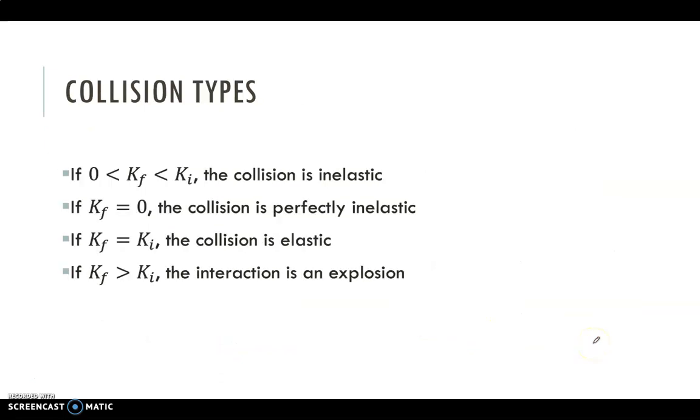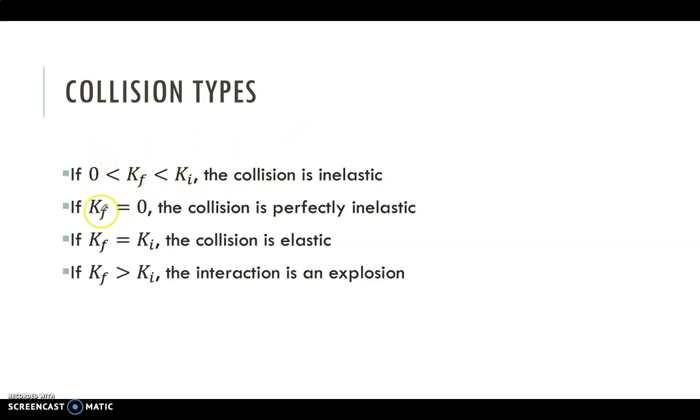So I'm going to just put this here. It's exactly what I just said about the kinetic energy, but just in a different format. In an explosion, we have that the final kinetic energy is greater than the initial kinetic energy. So final is greater than initial. In an inelastic collision, we have that the final is less than the initial kinetic energy, but it's not 0.